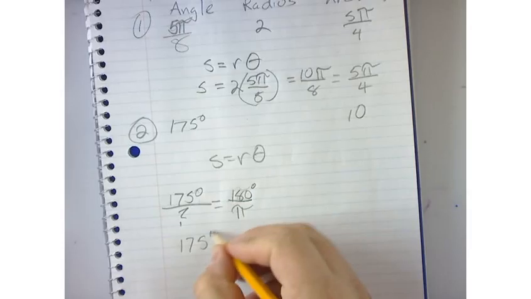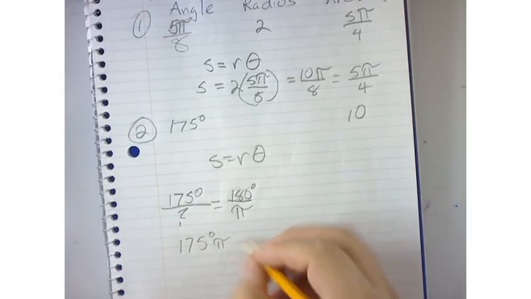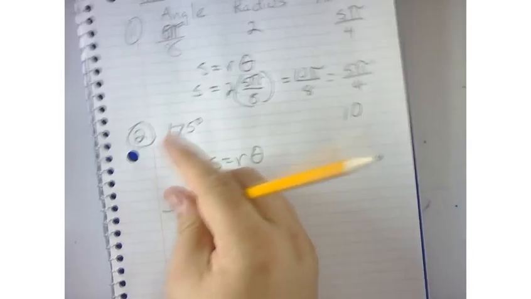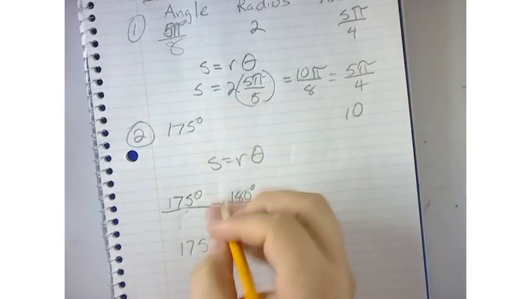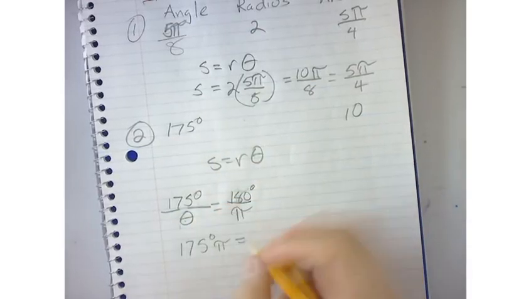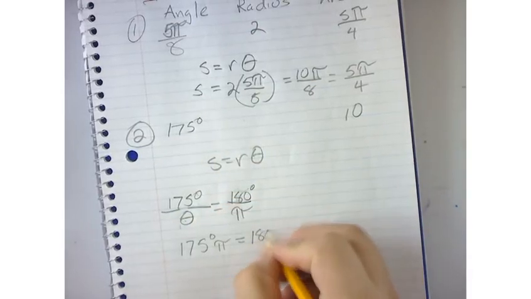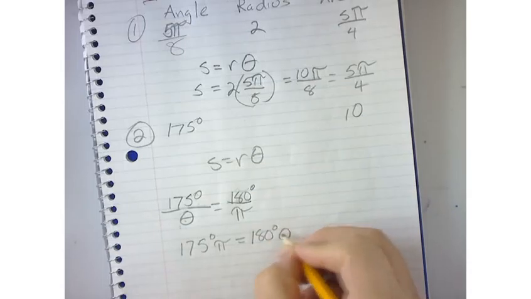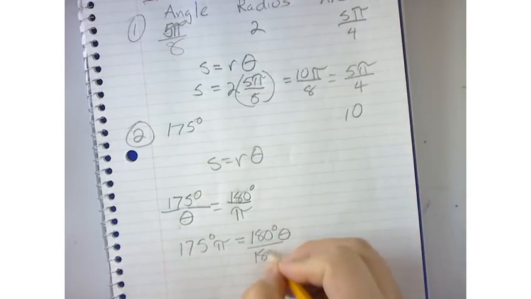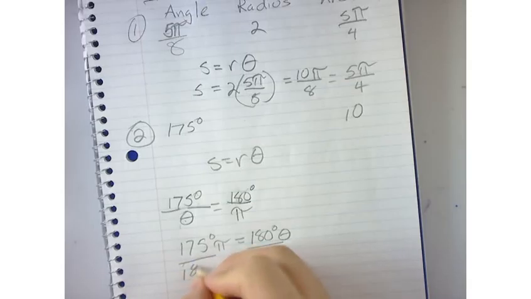So 175 degrees times pi is equal to, and I don't know what this is, so we'll just plug in theta. So I'm going to get 180 degrees times theta. Divide both sides by 180 degrees.